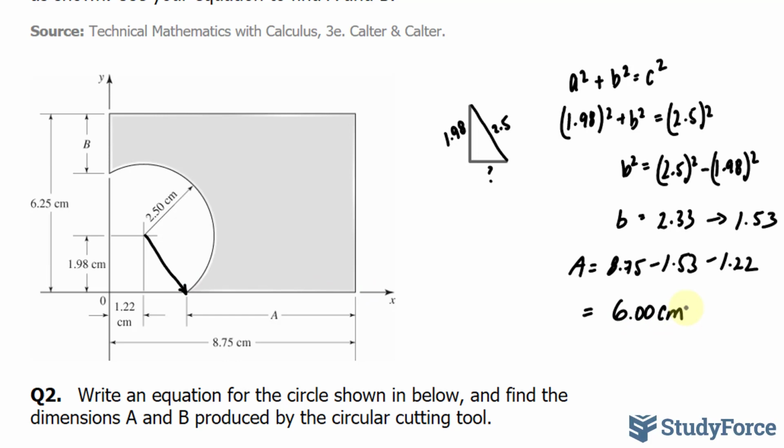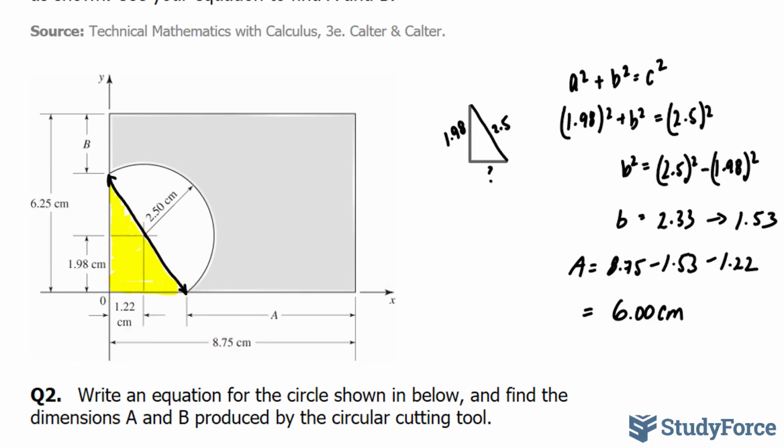Now to find the length of B, what we need to do is extend this radius, and if we extend it, double its length, this gives us the diameter of the circle. Therefore, the diameter of the circle is 5, and what we've produced is a right triangle with the hypotenuse of 5.